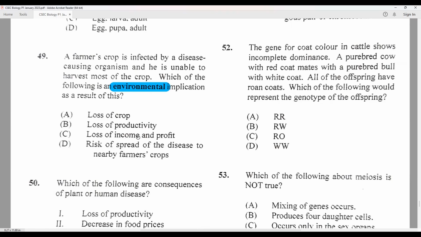Loss of income and profit, yeah. But still, they are asking for environmental implications. A risk of spread of the disease to nearby farmers' crops. Yes, this is the best answer because that's the only one that considers the environment.